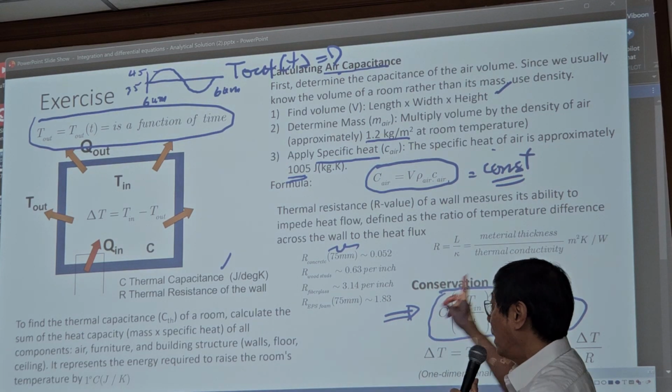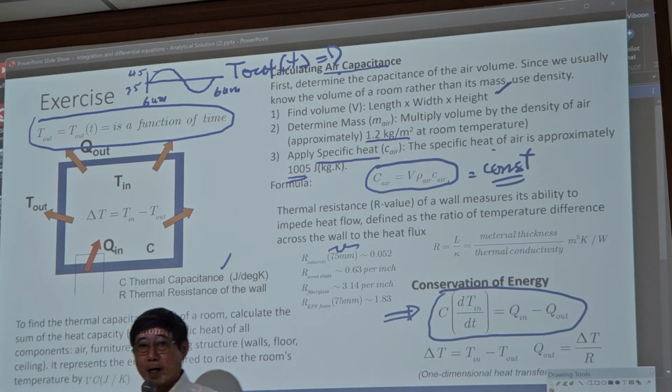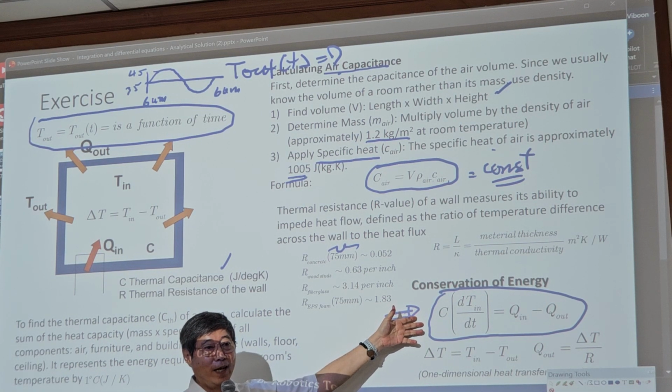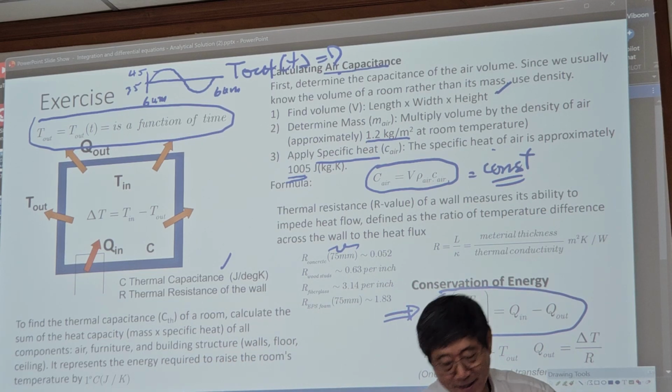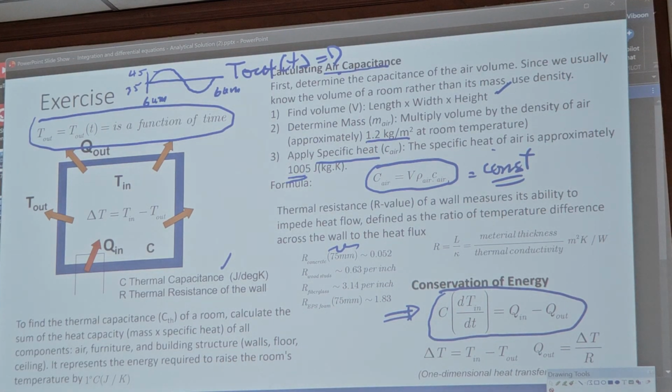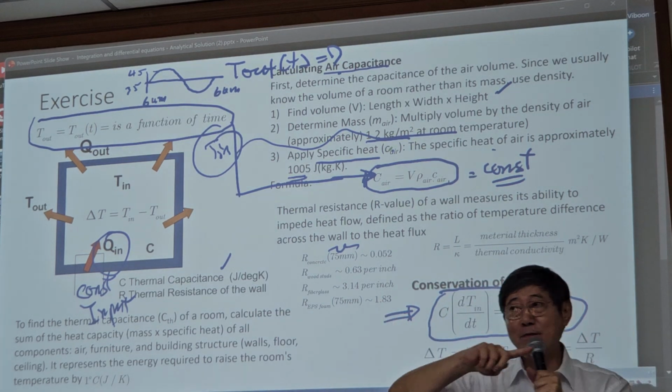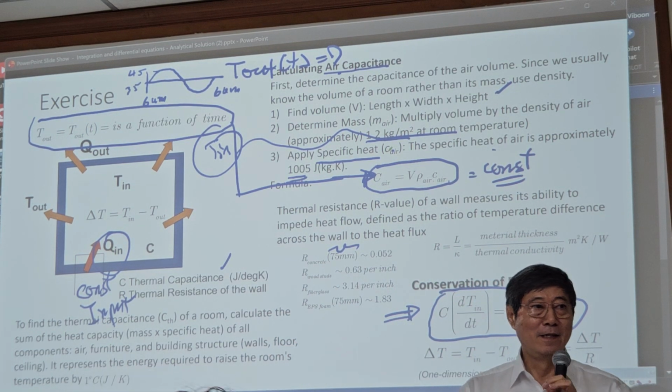Start from this one, and try to find a suitable constant Q in as an input, so that I can plot T in for the whole day, I mean from 24 hours, let's say. Okay?